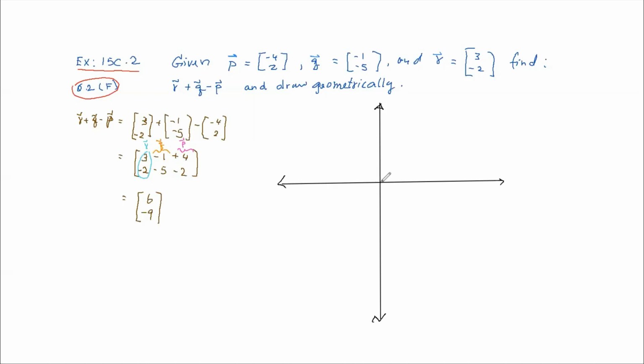So R is 3, -2, so come up here, 1, 2, 3, okay? So this one is positive, +3, and go down 2 units, 1, 2, this is -2. So you can draw this one, right?